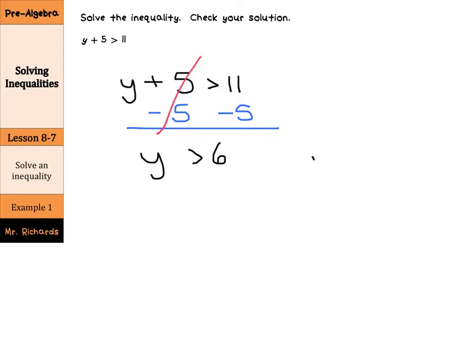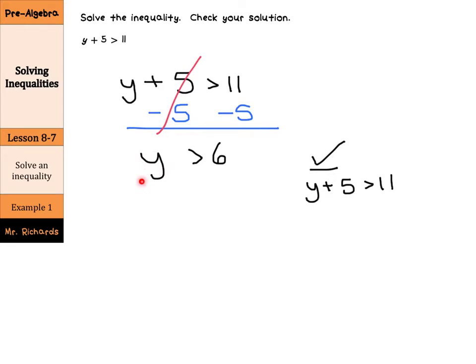Now, our check step for inequalities is a little bit different than our check step for equations. We will still start by rewriting the original inequality, y plus 5 is greater than 11. But instead of just substituting the number 6 in for y, we need to pick a number that is true for the inequality.